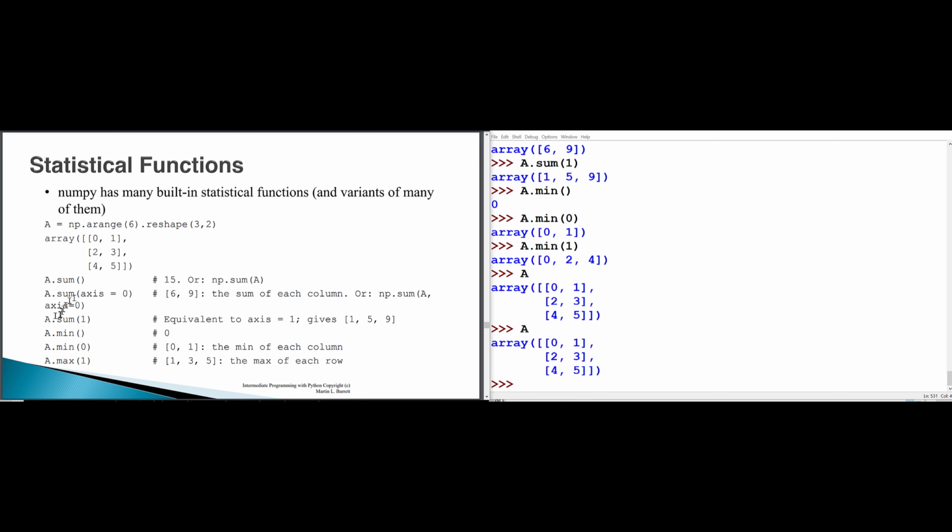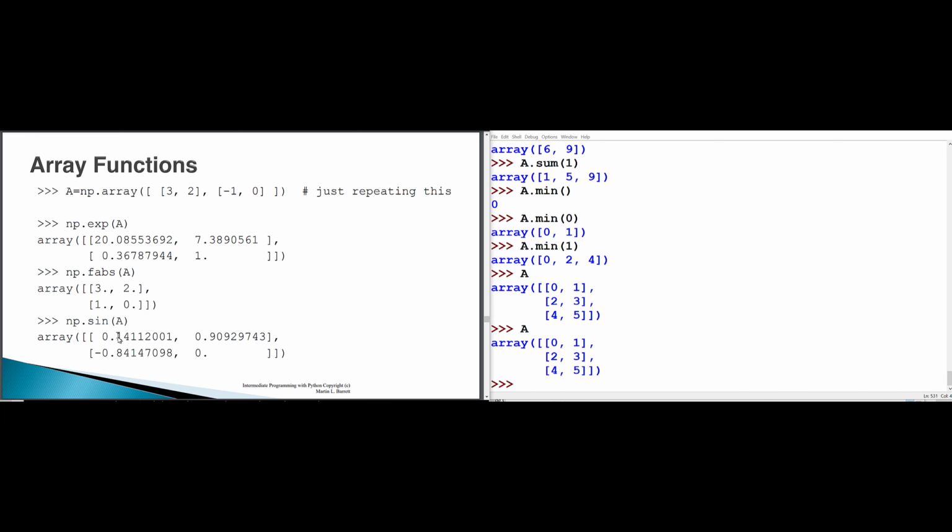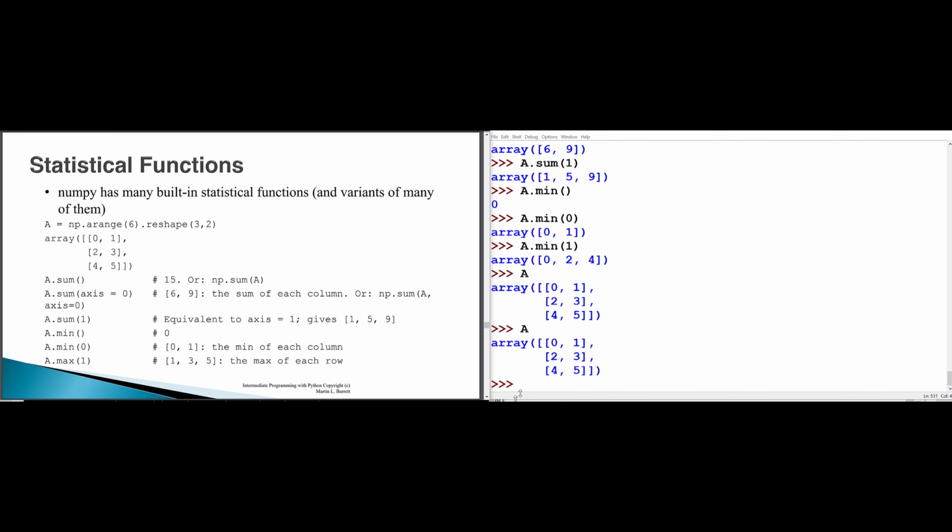So I can say a.sum, a.min, a.max. Previously, when we were using trigonometric and logarithmic kinds of functions and other functions, we said np.exp of a, np.fabs of a, np.sine of a. You can do the same thing for sum and min and max.